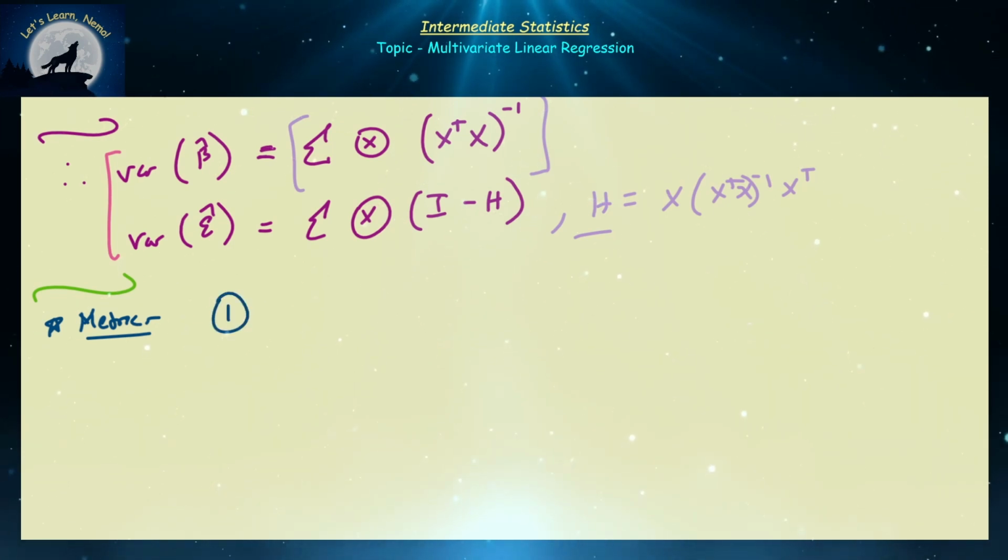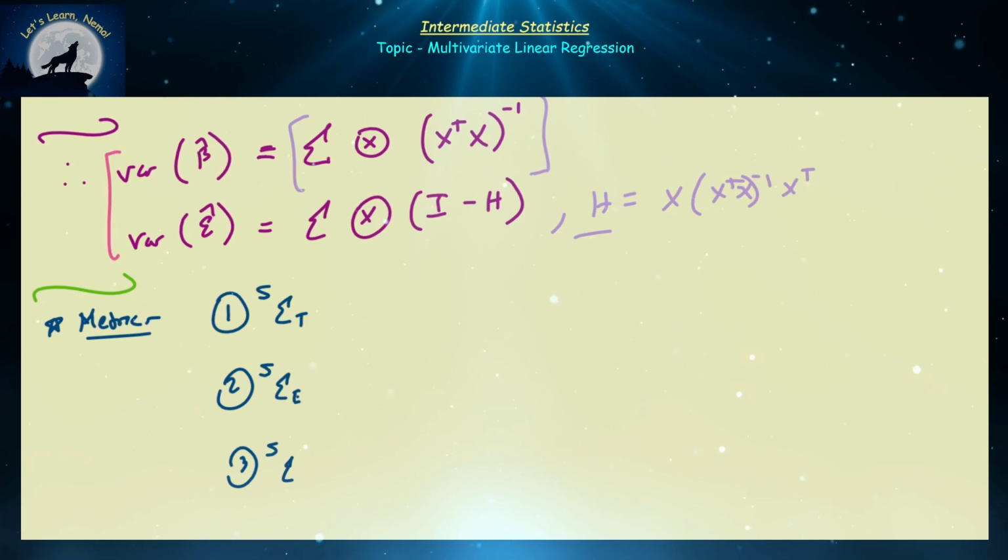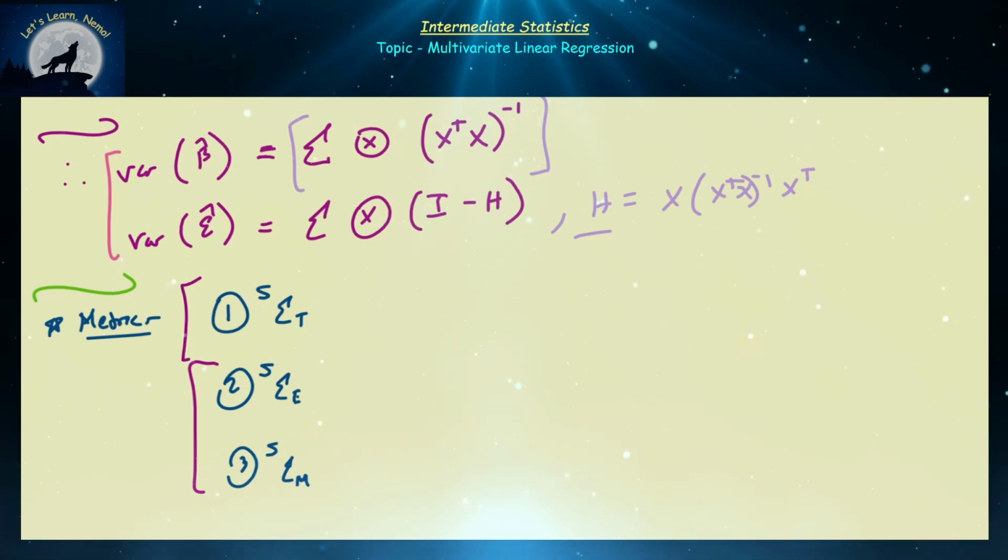As usual, just like the MANOVA case, we're going to have an SSigma T matrix, an SSigma E matrix, and an SSigma M matrix, and when you add up your SSigma E and your SSigma M matrix, you will get your SSigma T matrix. In the multivariate world, these are going to be very interesting looking, and I'll give you the formulas and leave them as exercises for you to prove.